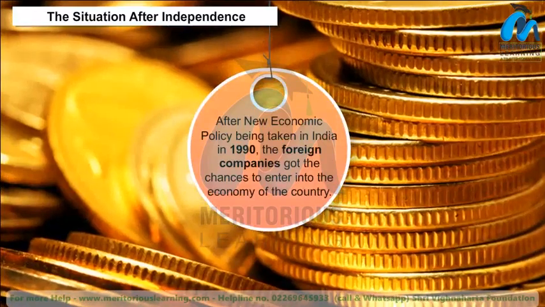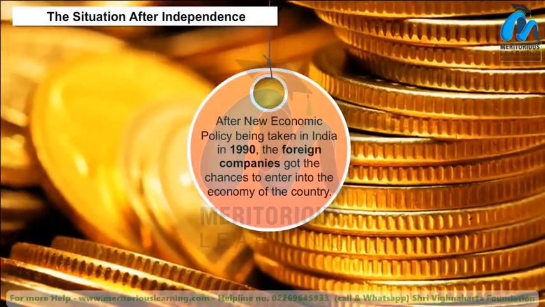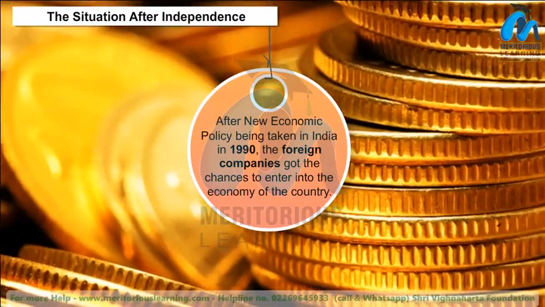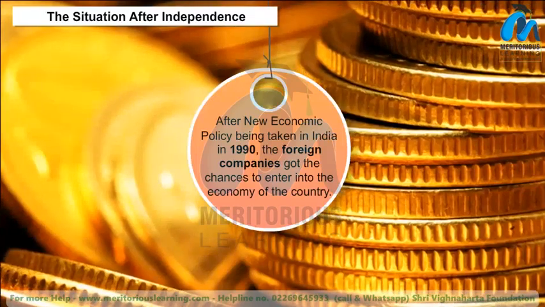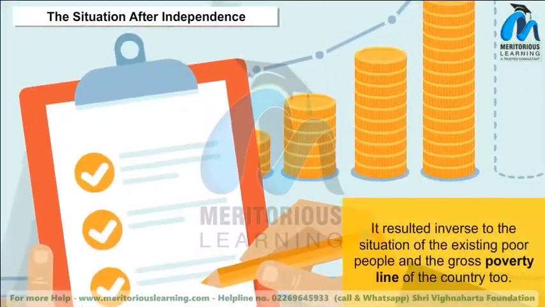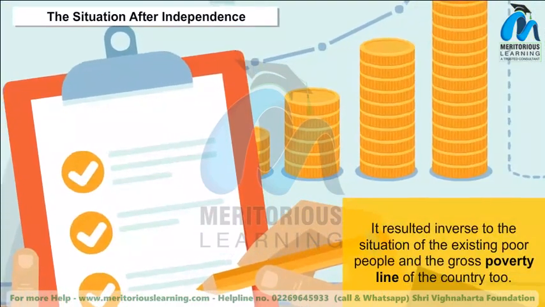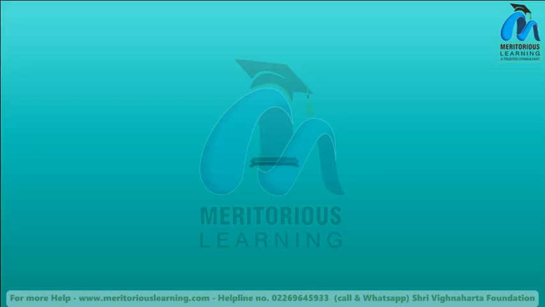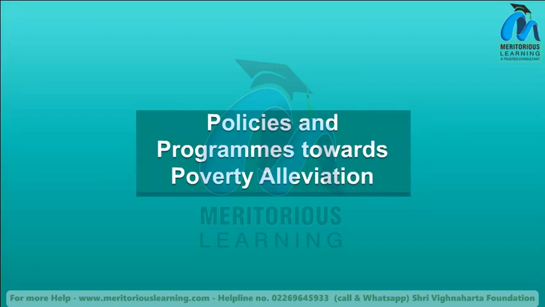After the new economic policy was adopted in India in 1990, foreign companies got the chance to enter the economy of the country. It made the situation worse for the existing poor people and for the gross poverty line of the country too. Policies and programs towards poverty alleviation.